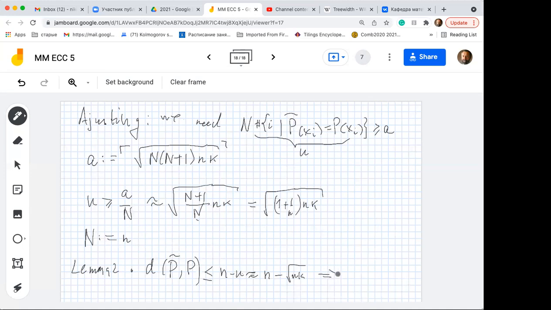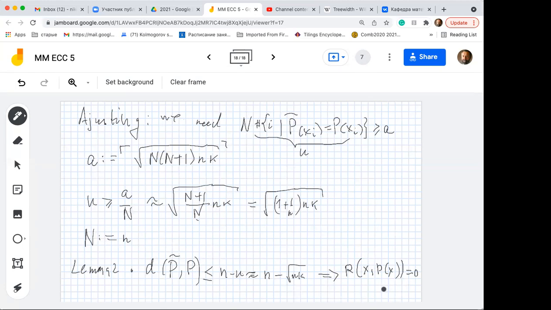Then the number of roots of the polynomial r of x, p of x is larger than its degree, and we count roots with multiplicities, and so that polynomial is just a zero polynomial.